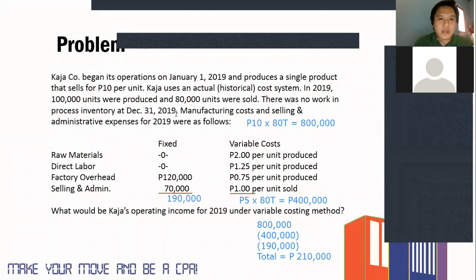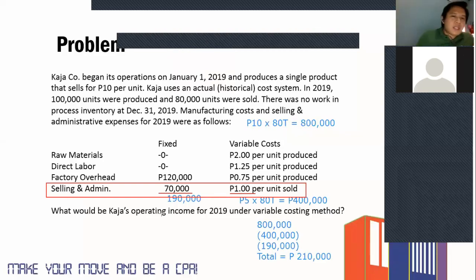It's because this part I'm highlighting, the selling and administrative expense, regardless whether fixed or variable cost, will be incurred regardless of the method you are going to use. Whether it is variable or absorption, the same expense will be incurred.